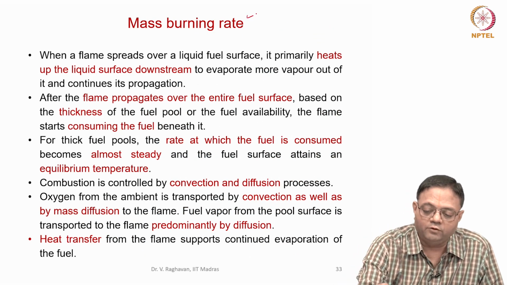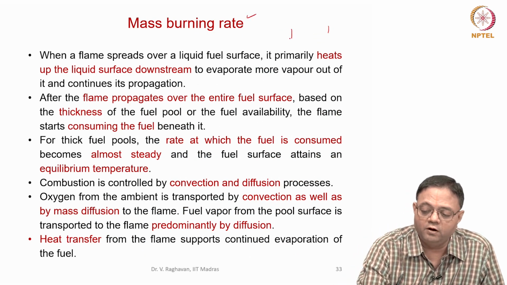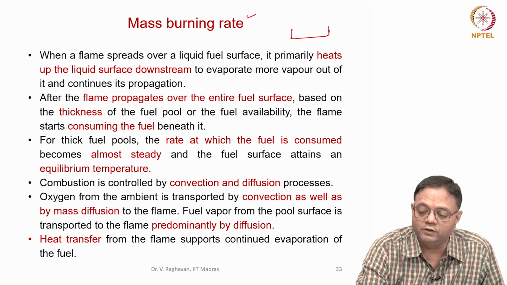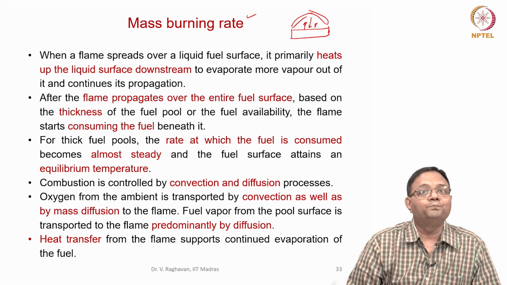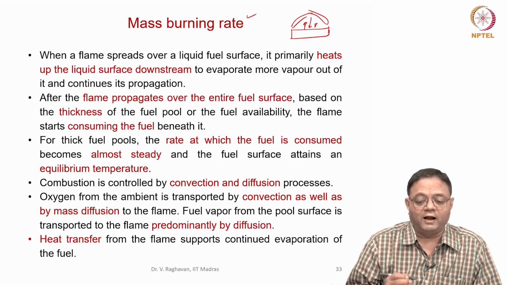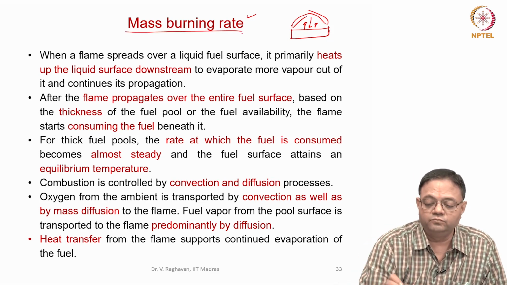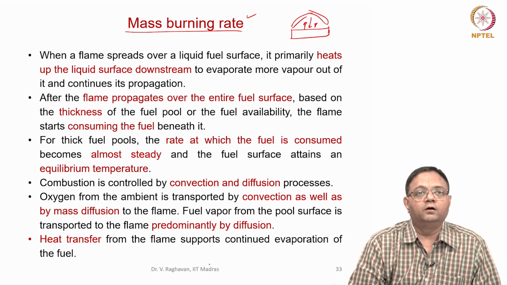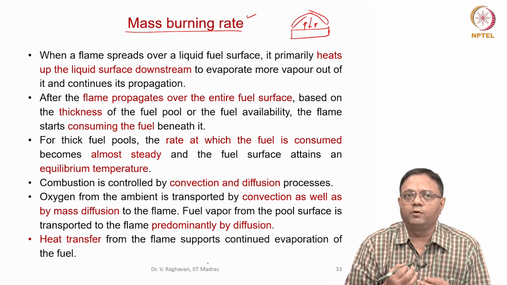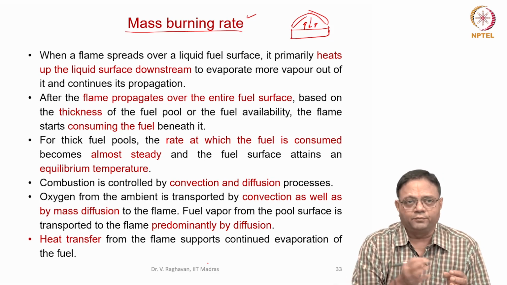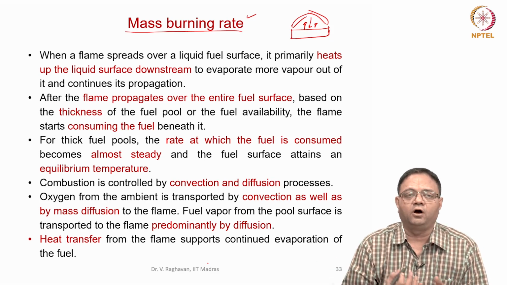Now, coming to the mass burning rate, when the fuel is completely spread over the pool, it burns over this, consuming the mass from the fuel. So, that is called mass burning rate. Now, all the transient things are normally over. The ignition, and the subsequent ignition causing the flame spread, are over.